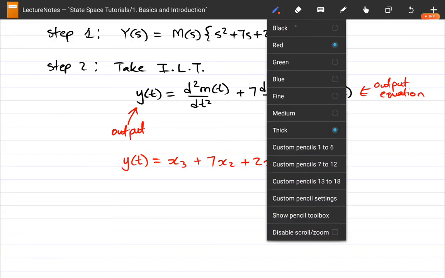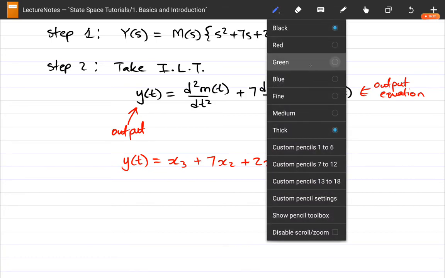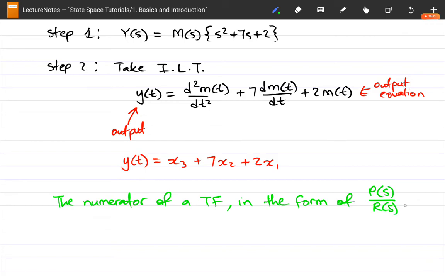So this means that we get a very important result, and that's the numerator of a transfer function in the form of P of S over R of S, hope I didn't get that in reverse, only affects the output.